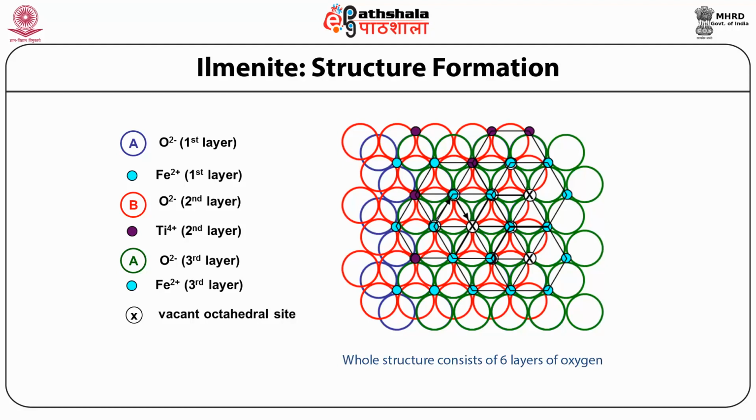The third layer consists of Fe2+ and O2- atoms. However, there are still vacant octahedral sites which remain and are represented by a cross sign. So students, the whole structure consists of 6 layers of oxygen, as you can see in this figure. The coordination number for both iron and titanium remains octahedral, while O remains coordinated by 4 cations, which we have discussed in the previous slide.